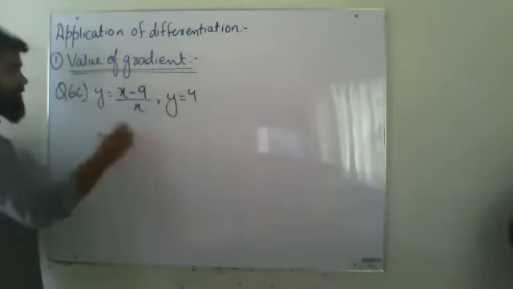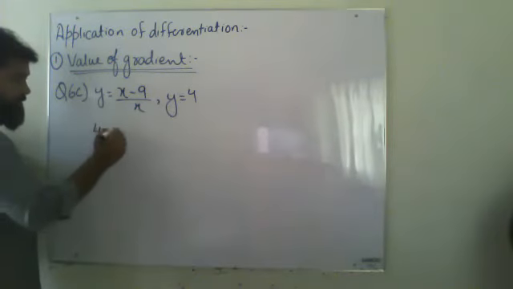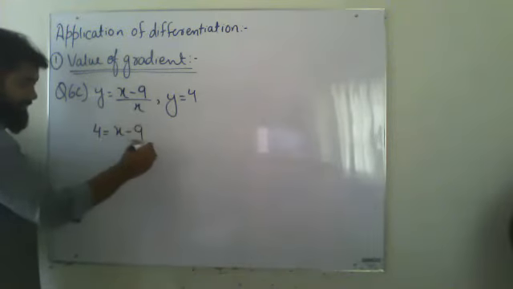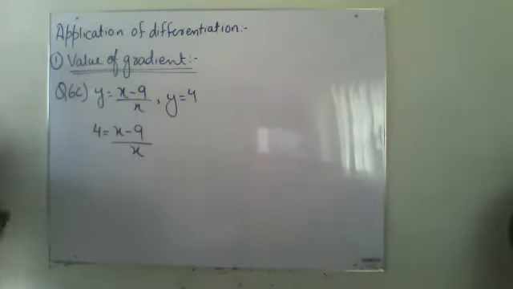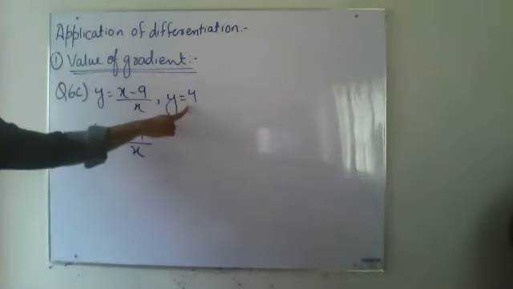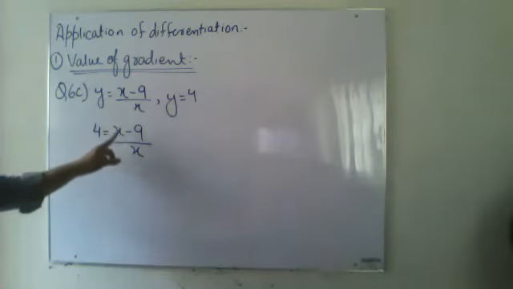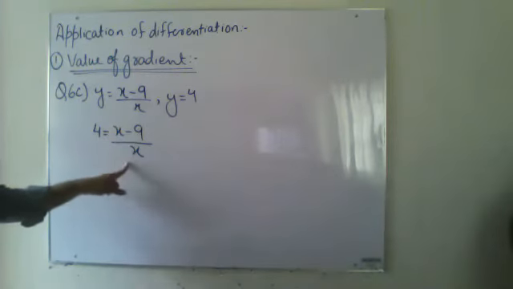I'm taking this y equals 4 and plugging it in here. 4 equals x minus 9 over x. I have substituted this value of y in the original equation, right?